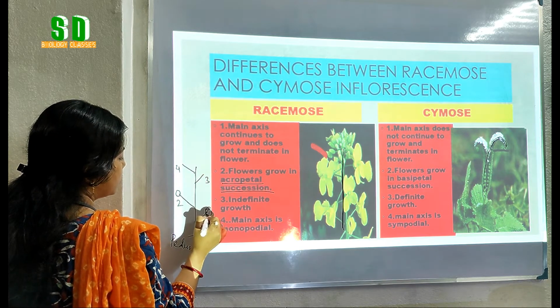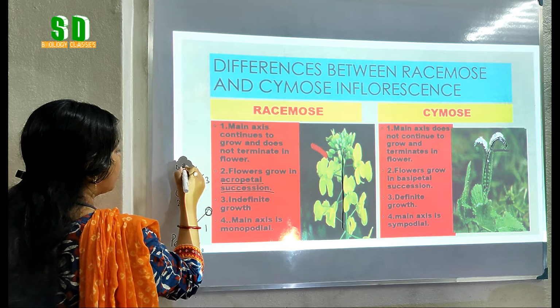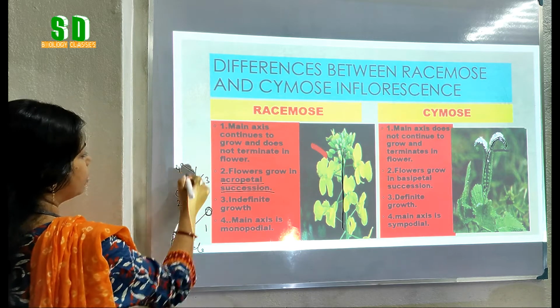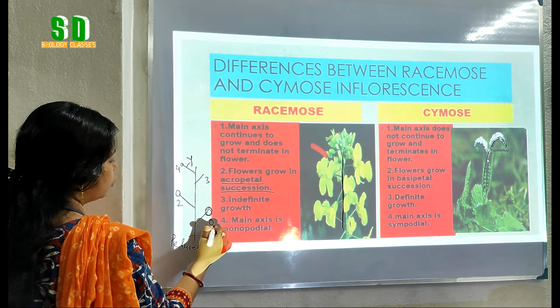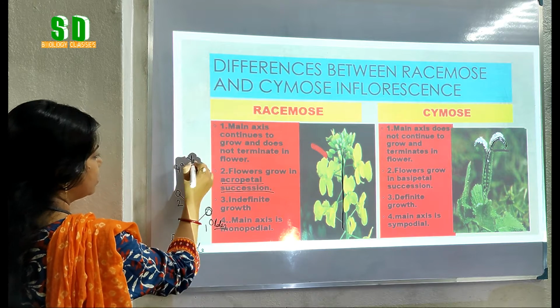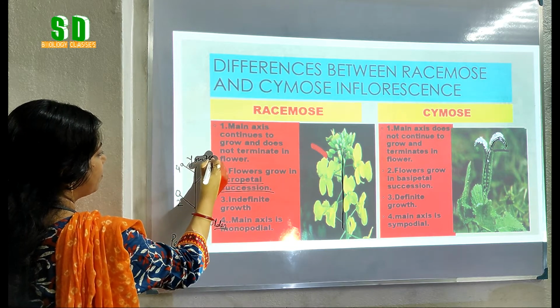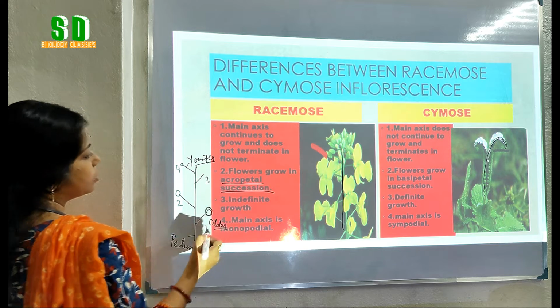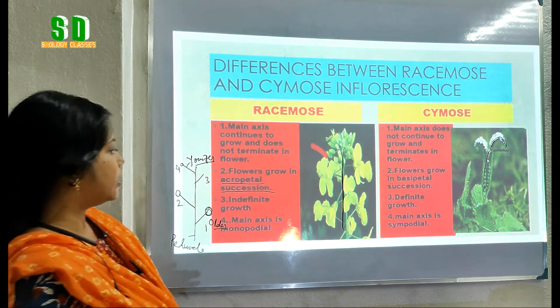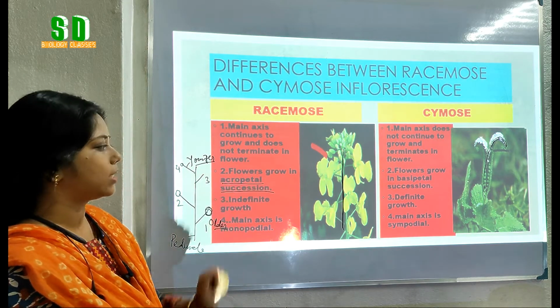So this one is the older flower, the largest one, and this one is the smallest or the youngest flower. This type of arrangement of flowers on the floral axis is called acropetal succession.